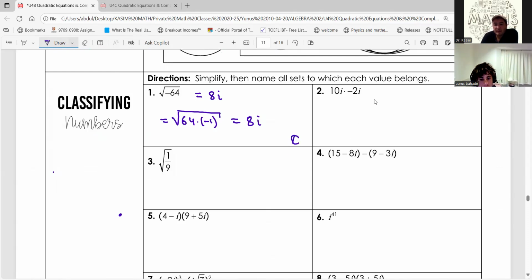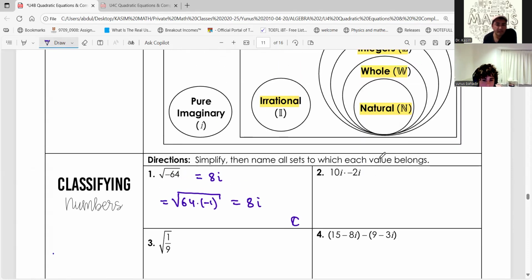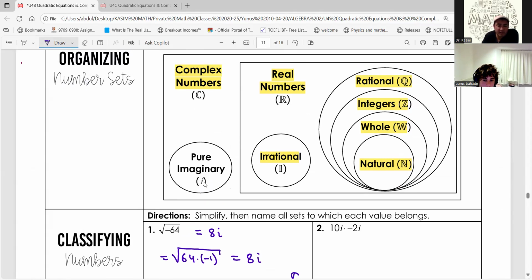And what's the difference between that and a pure imaginary number? Yeah, that's i, just i without any real number. We call it a pure imaginary number.